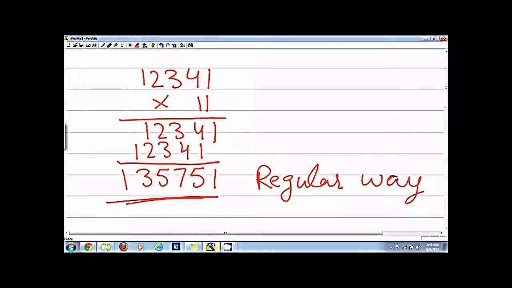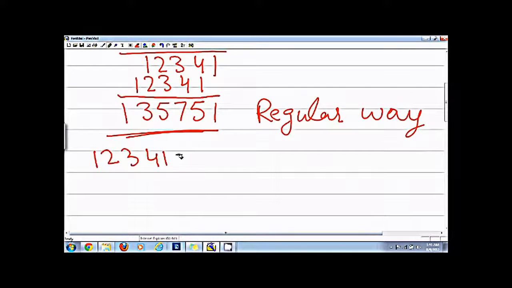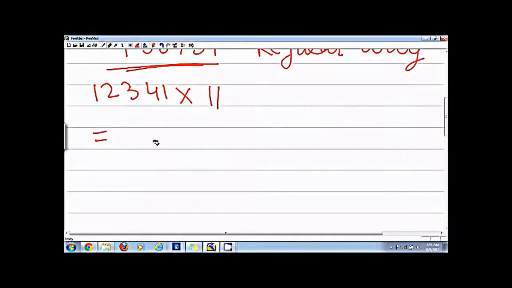Now we can skip all this writing and approach this problem in a different way. Suppose we have 12341 and we want to multiply it by 11. I will write 1 here and then add 1 and 2, that is 3, then add 2 and 3, that is 5, then add 3 and 4, that is 7, then add 4 and 1, which is 5, and then write 1 at the end.